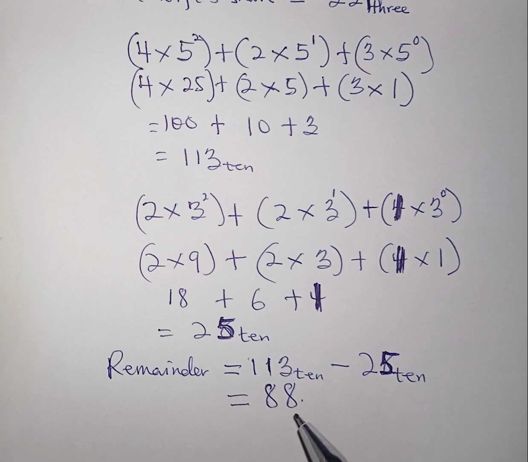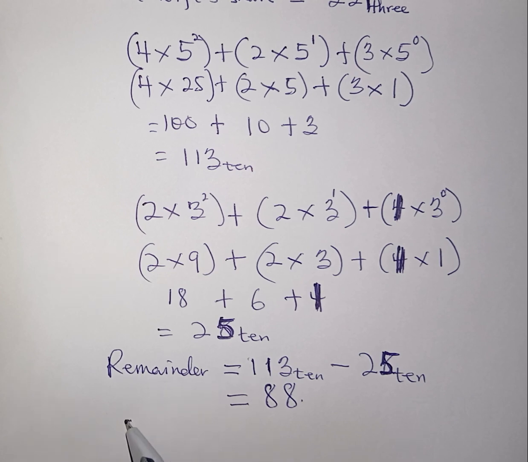And I said that once it is in base 10, it gives you the same value. Good. So if we have the remainder, that is what we are going to share among the 3 children in the ratio 2:3:3. So before we can do that, we need to find the total of the ratio.